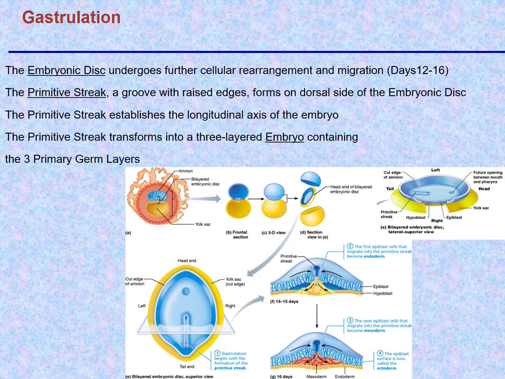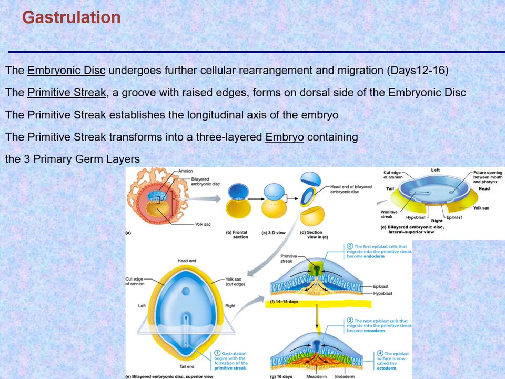Here is a top view down, and you're seeing right there, in that area, what is called the primitive streak. And in this diagram here, that's a side view of that, and you see just a little part of the primitive streak, and then it progresses on, and in this area you start seeing those three primary germ layers, the mesoderm, the ectoderm, and the endoderm.